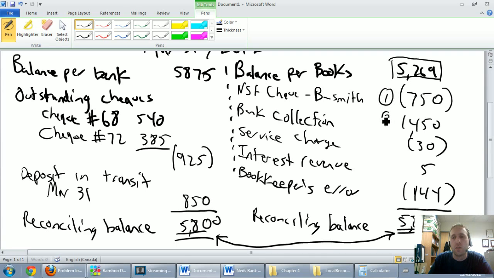I've got 1, 2, 3, 4, 5 things that my books are off by. Well, the bank's off by those outstanding checks and deposits. The bank's going to catch up, though. Once the person deposits the check or we deposit our money, the bank's going to figure it out and they're going to get caught up.